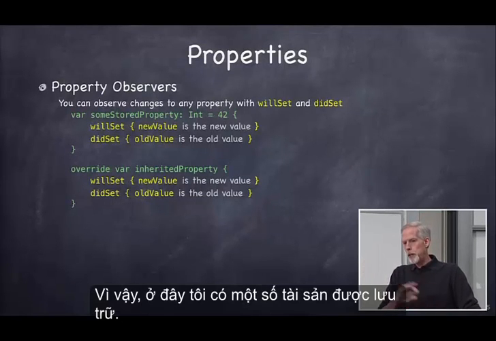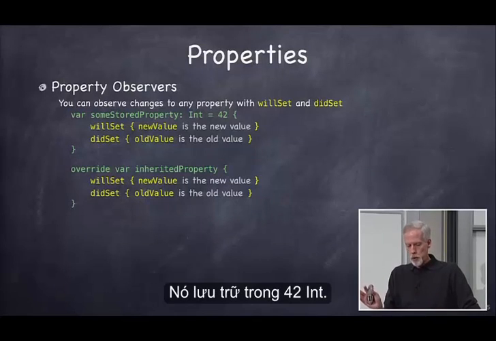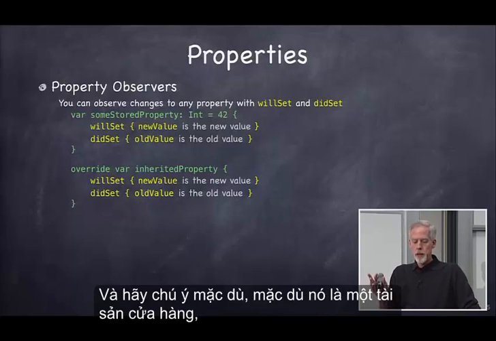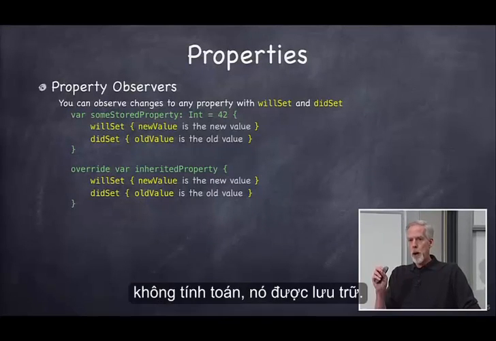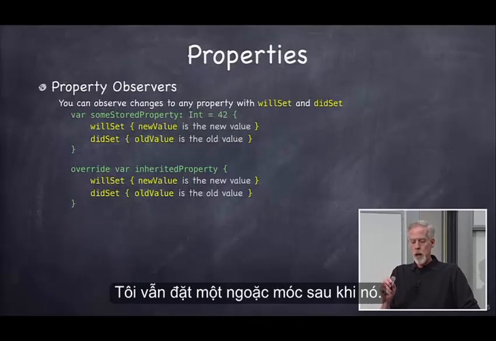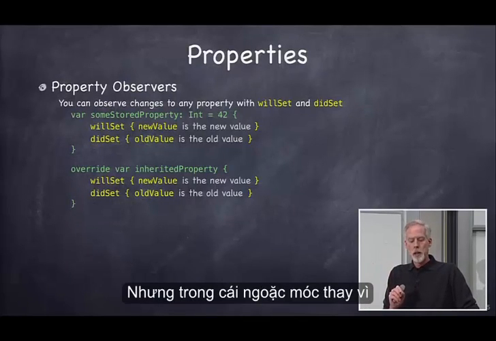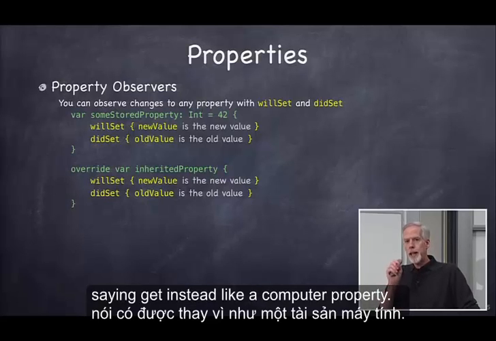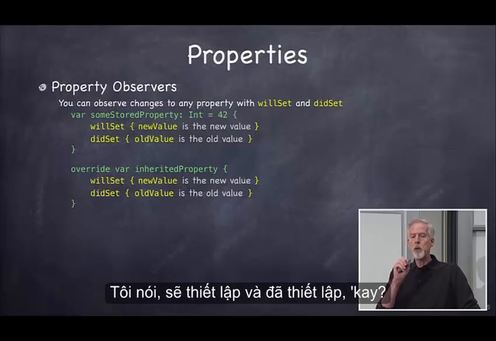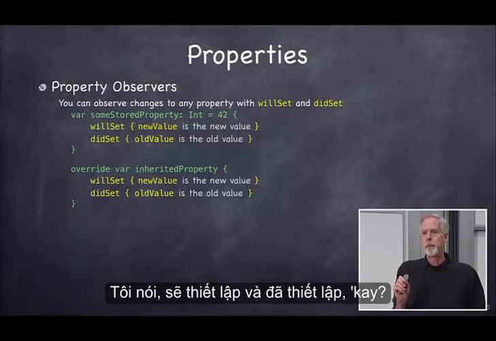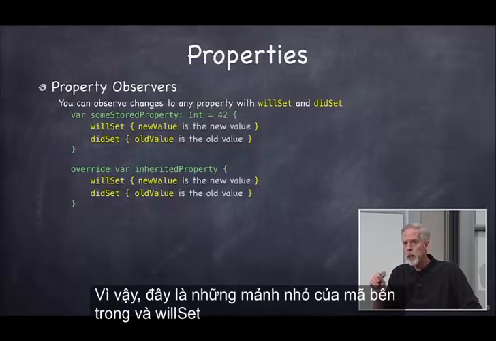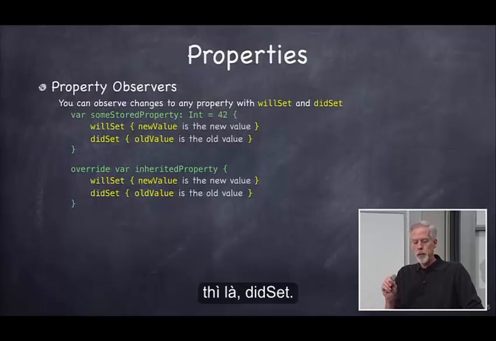So here I have some stored property. It stores an int, 42. And notice though, even though it's a stored property, not computed, I still put a curly brace after it. But in that curly brace, instead of saying get and set like a computed property, I say will set and did set. So these are little pieces of code inside the will set and did set.